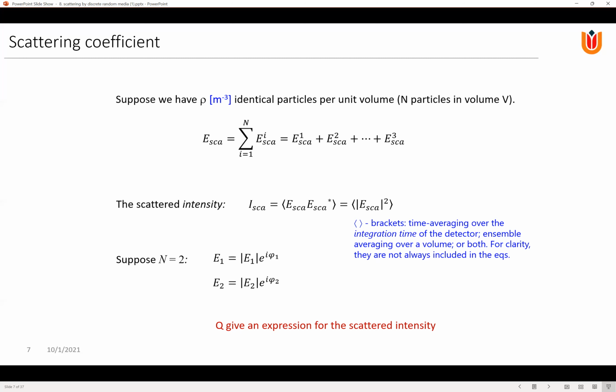Yeah, if you add the two, nothing really happens. You just add them. The trick is in this step. So you first add them, so the scattered field is E1 plus E2. Then, in order to calculate the measurable quantity, the intensity, you have to multiply the sum of E1 and E2 with its complex conjugate.